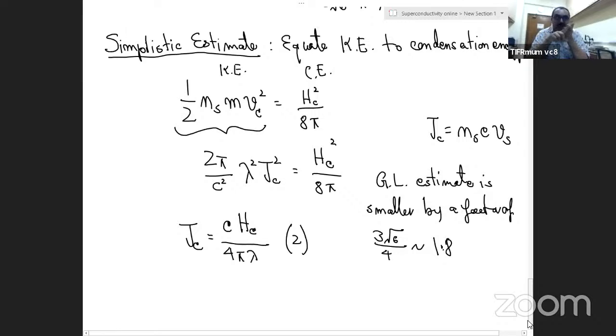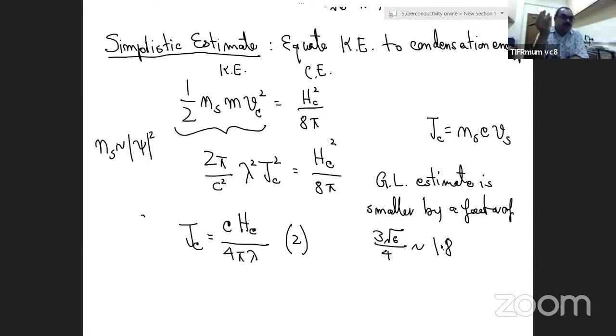What you are assuming is that ns, which is nothing but chi mod square approximately, is remaining constant, but the order parameter is actually reducing also as you increase the current.